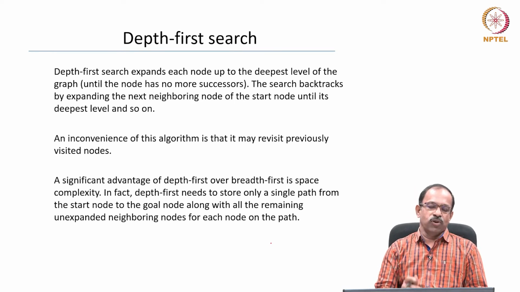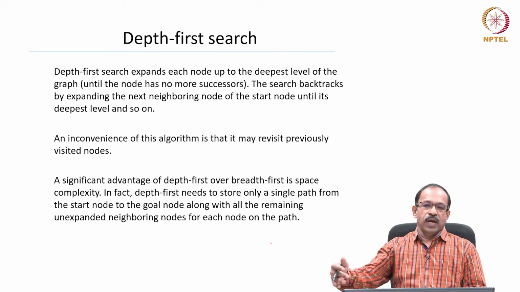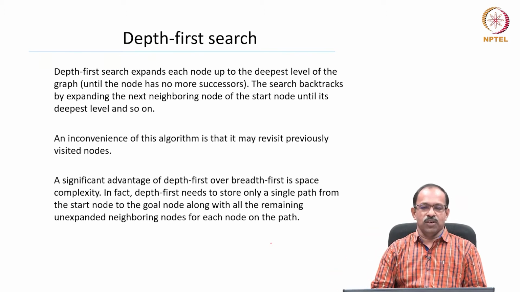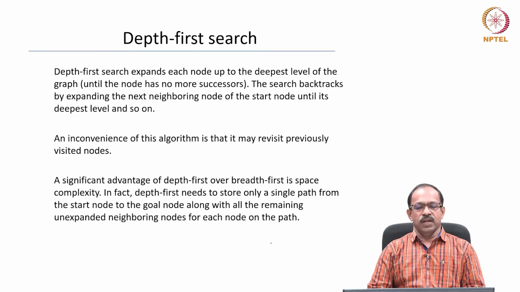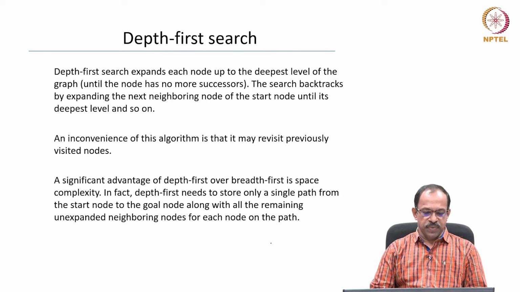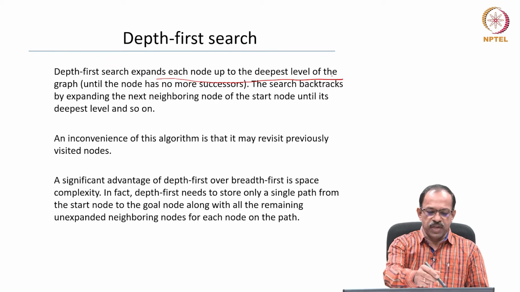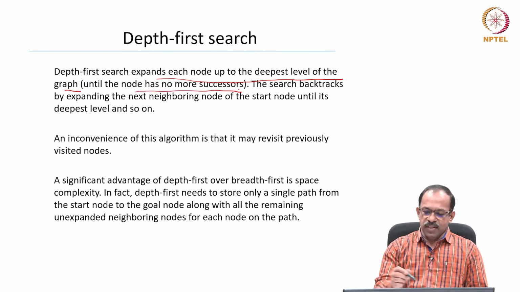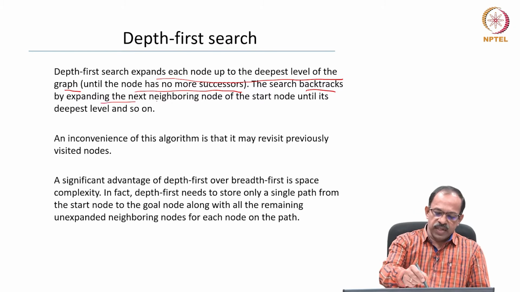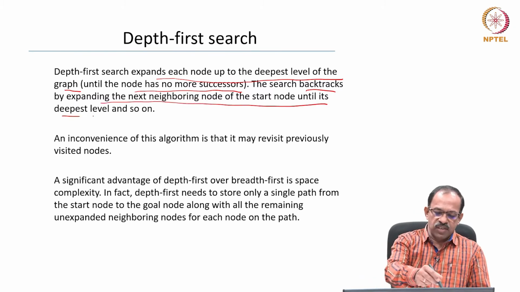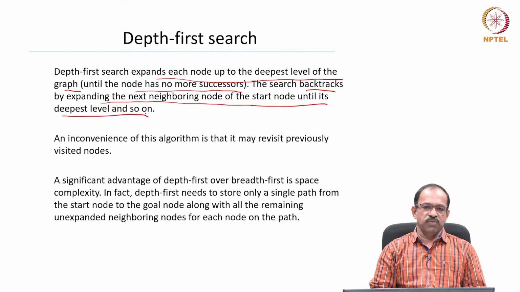If not, it will go to the next adjacent node of the start node, expand that node, and keep expanding in the depth direction to see whether it is able to reach L. The depth first search expands each node up to the deepest level of the graph until the node has no more successors, and then it backtracks by expanding the next neighboring node of the start node until its deepest level, and so on. That is the way it will expand.